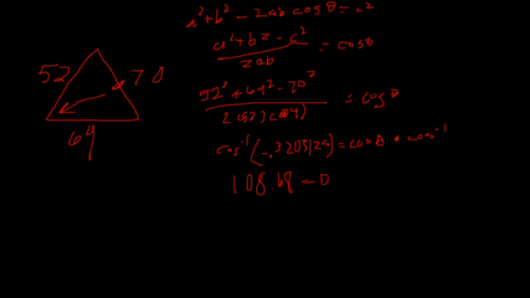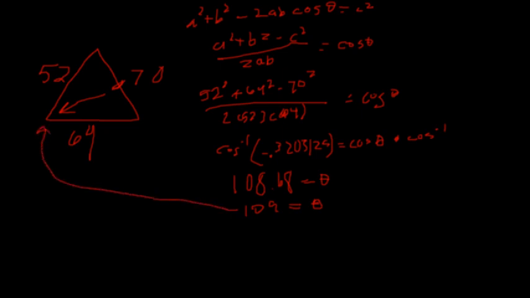So theta equals 108.68. But wait, the question asks for the largest interior angle to the nearest degree. So we have to round this up to the nearest degree because the decimal is over 0.5. So theta equals 109. That means the largest interior angle of the triangular playground is 109 degrees.